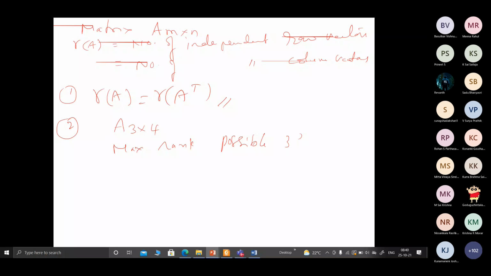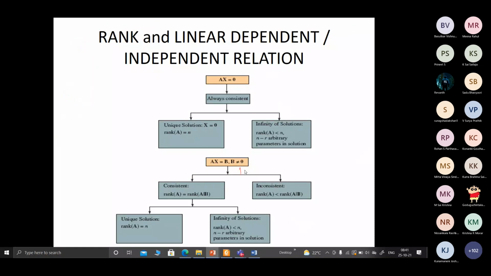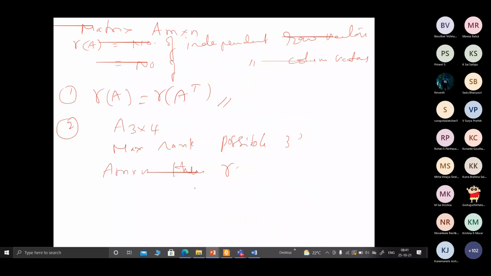Suppose A is m by n, then the rank of A is less than or equal to the minimum of m comma n.